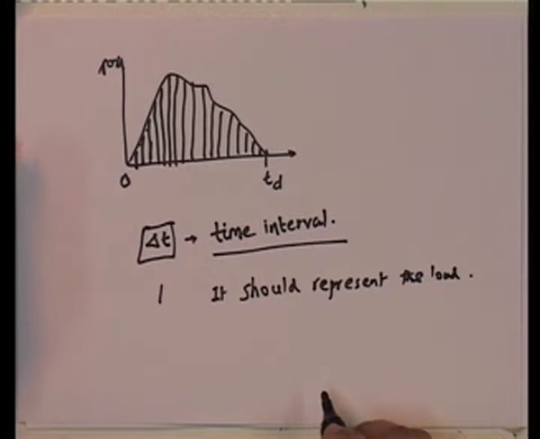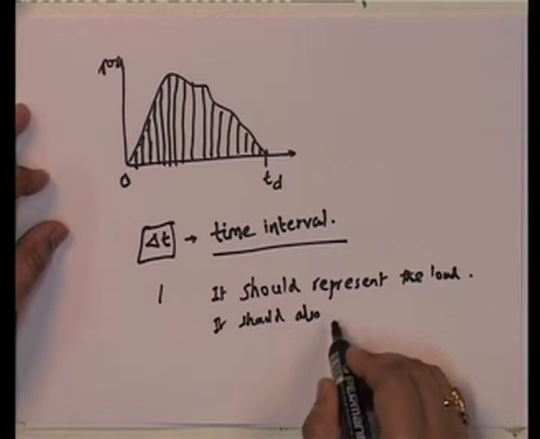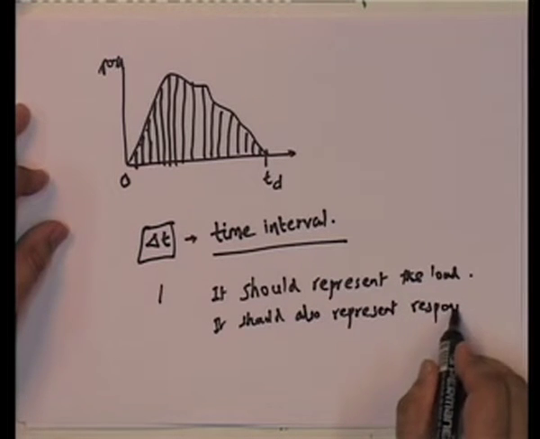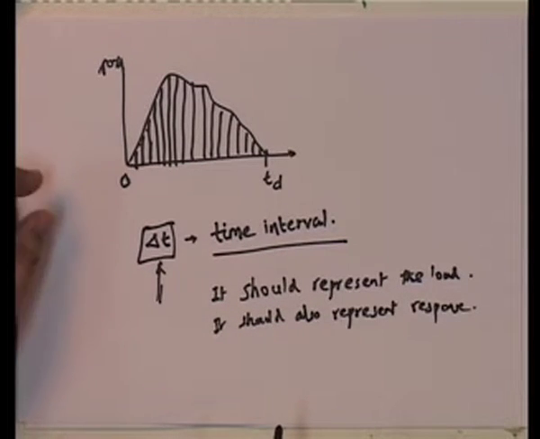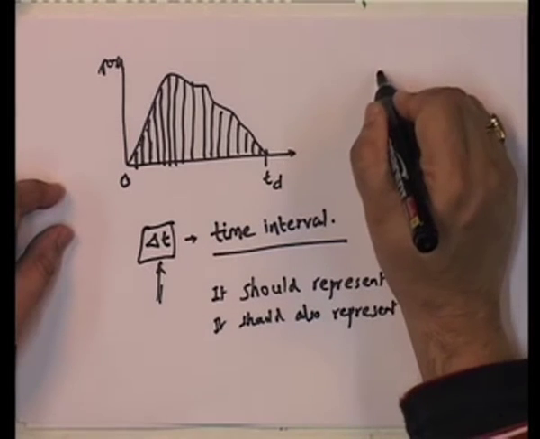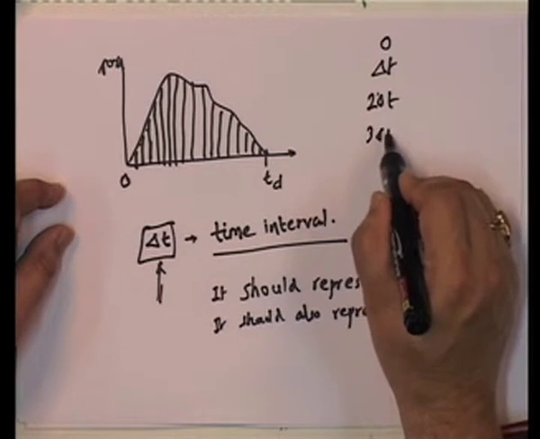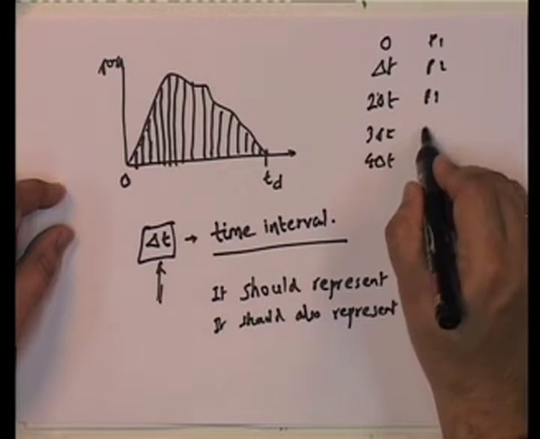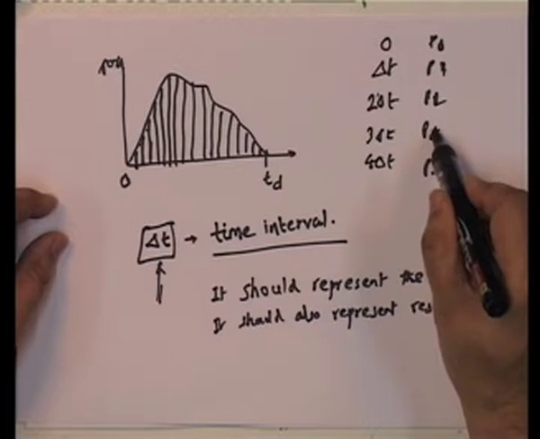the load appropriately. So, one thing about delta t is that it should represent the load properly, and it should also represent the response. So, delta t is typically taken in such a way that it represents both the load and the response. At 0, delta t, 2 delta t, 3 delta t, 4 delta t, what you have is P 1, P 2, P 3, P 4, P 5, or you can call this P 0, P 1, P 2, P 3, P 4.